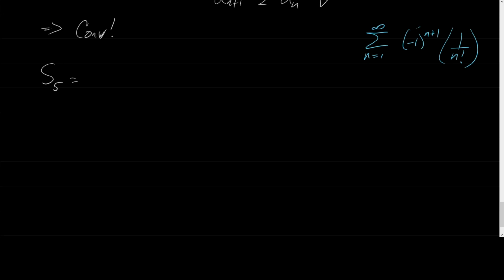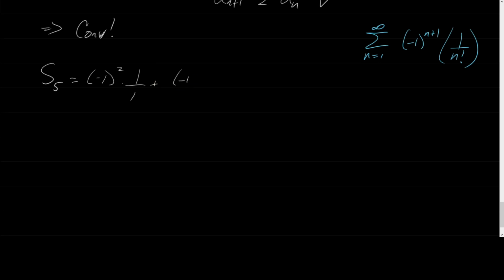So now, what is that going to give us? In here, if I just start plugging in terms, so plug in 1, I end up with negative 1 to the 1 plus 1, which is 2, times 1 over 1 factorial. 1 factorial is just 1.